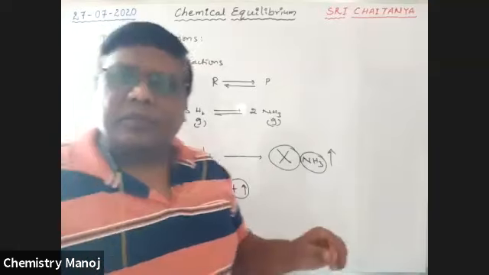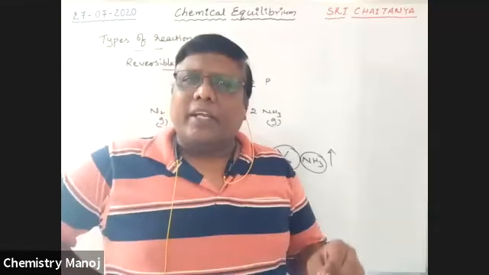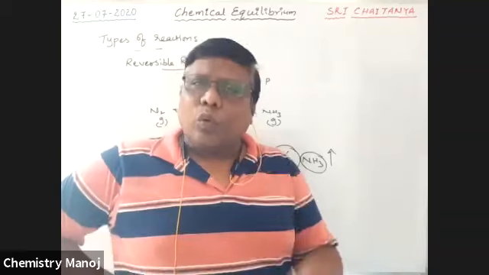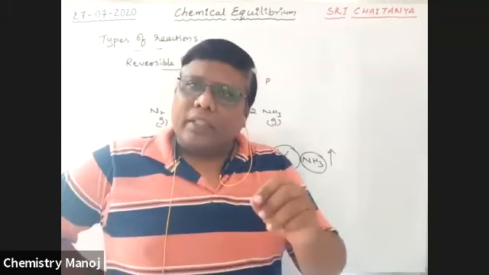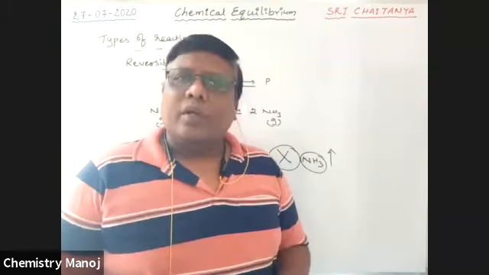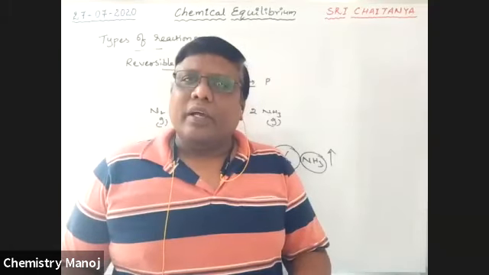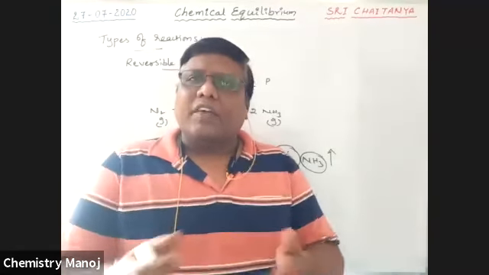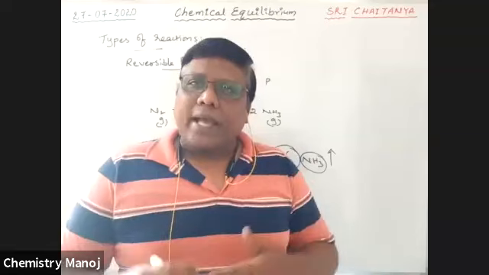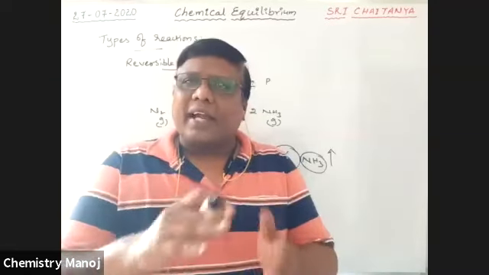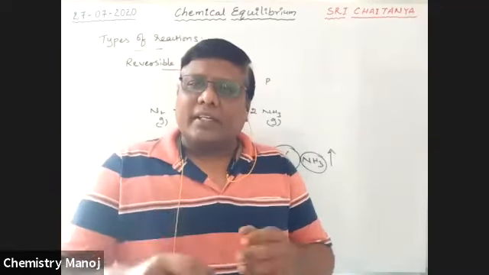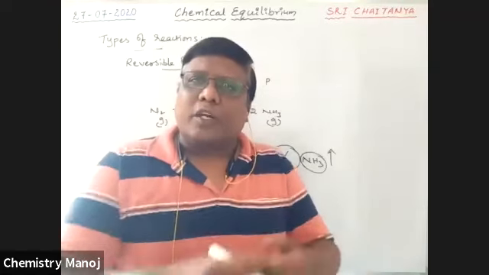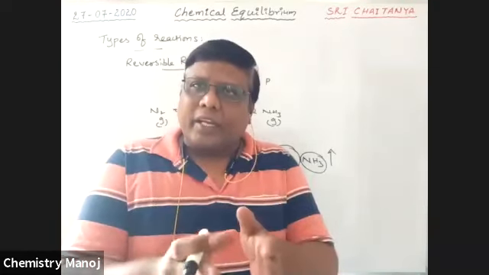At the beginning, we have only reactants. As time increases, we are trying to identify the reaction. As time goes on, these reactants react with each other and give the corresponding products. At the beginning, there is no product.